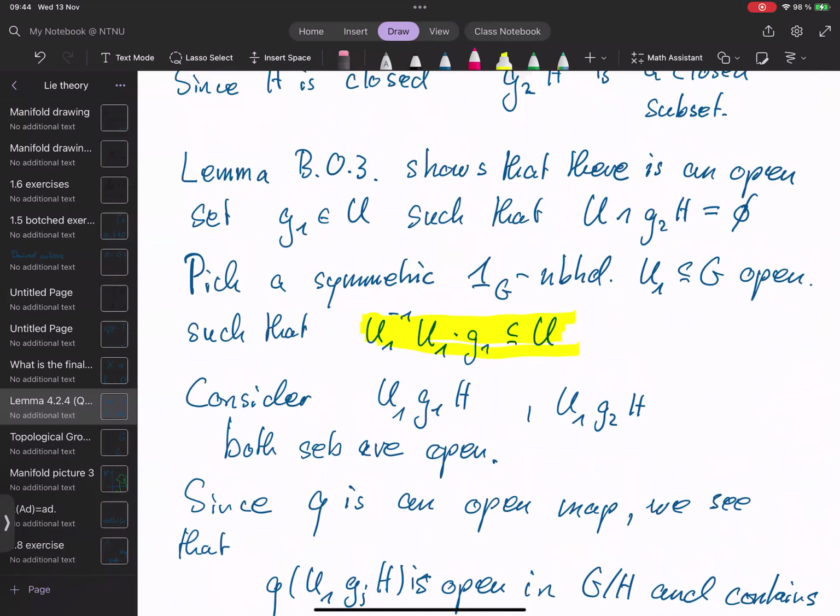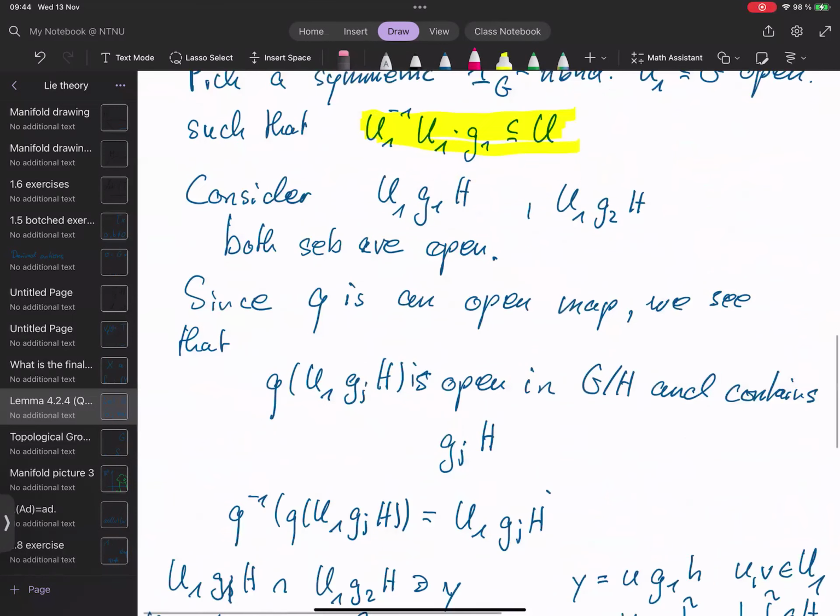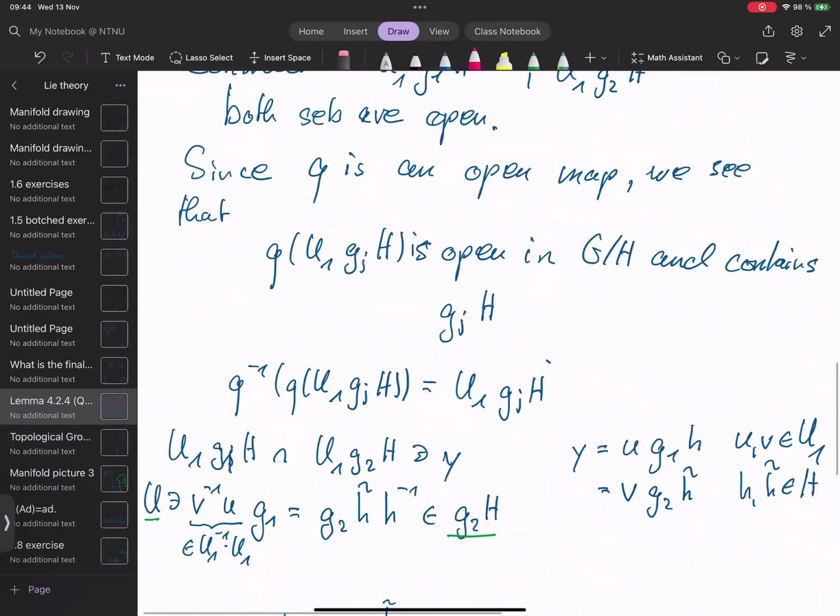It is impossible because we said that the intersection between those two sets is empty by construction. So this is a contradiction: U intersected with G2 times H has to be the empty set.